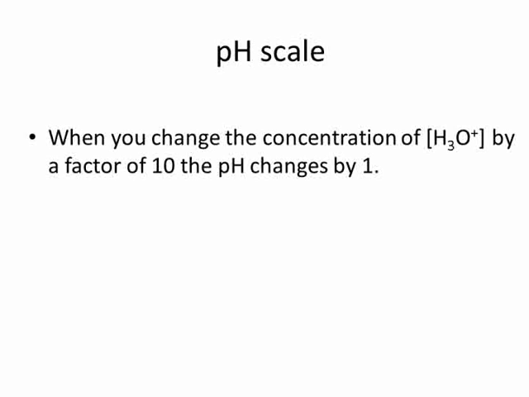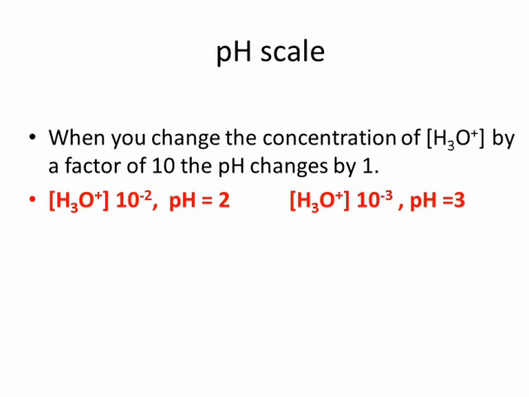This also means that if we change the hydrogen ion concentration by a factor of 10, because we have a logarithmic scale, the pH is only going to change by 1. So if we have a hydrogen ion concentration of 10 to the minus 2 with a pH of 2, if we take a dilution of that and take only a tenth as much, the pH is actually going to increase by only 1, and so we'll have a pH of 3.